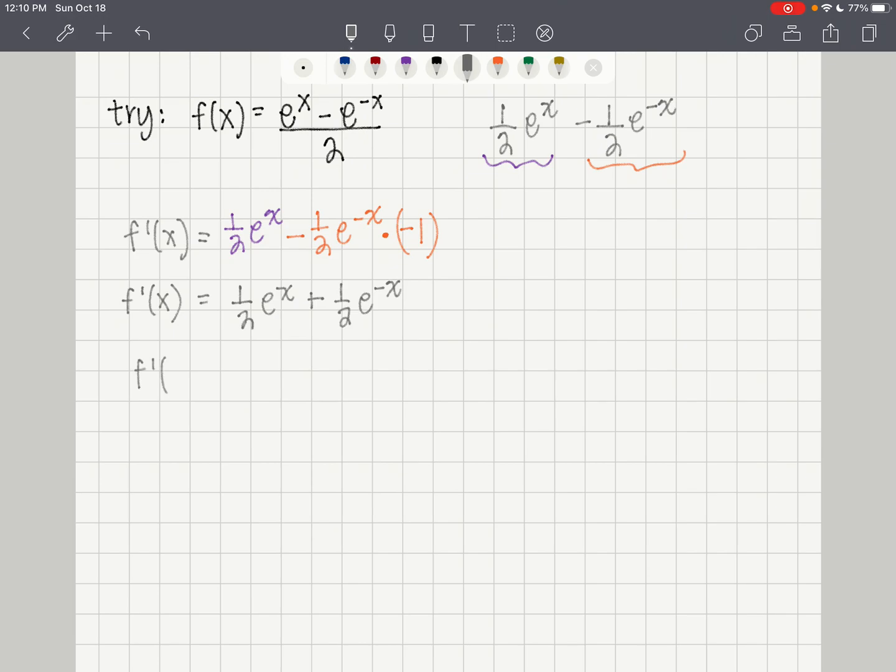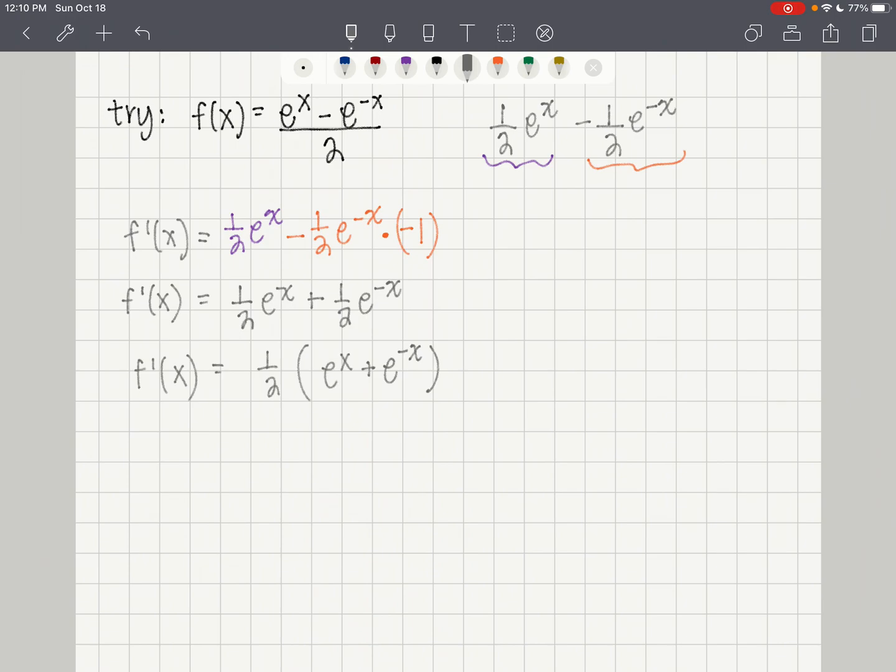And we can factor out a 1/2. There we go. 1/2 times e to the x plus e to the negative x.